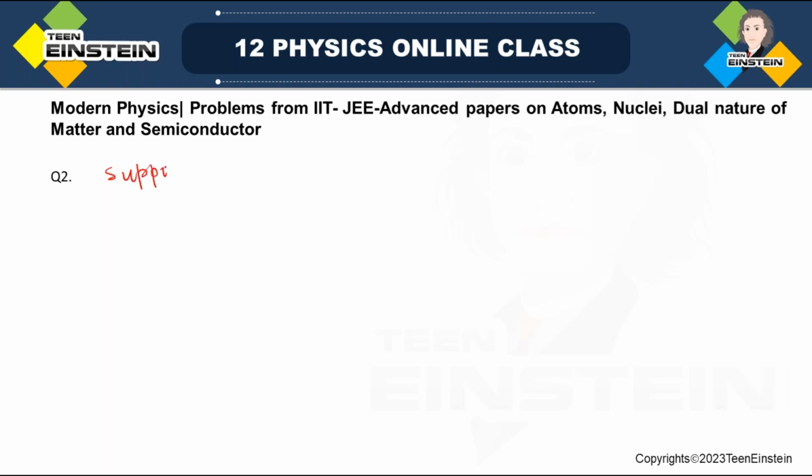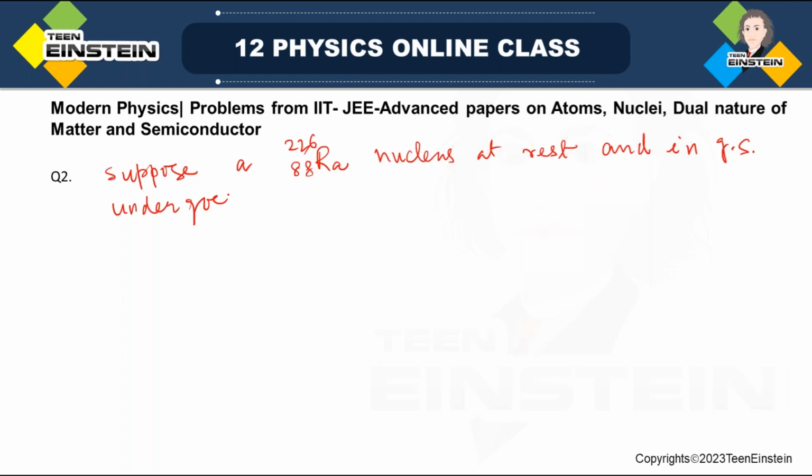Suppose a radon nucleus with mass number 226 and 88 protons, a radon nucleus at rest and in ground state, undergoes alpha decay.